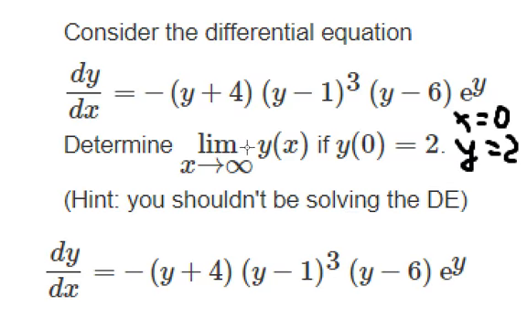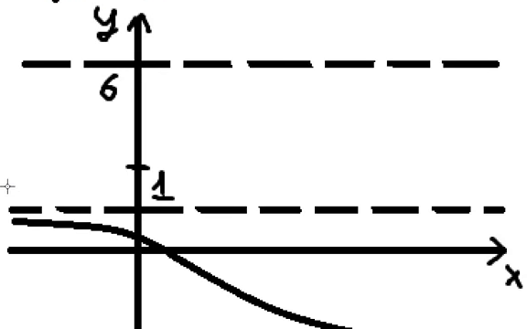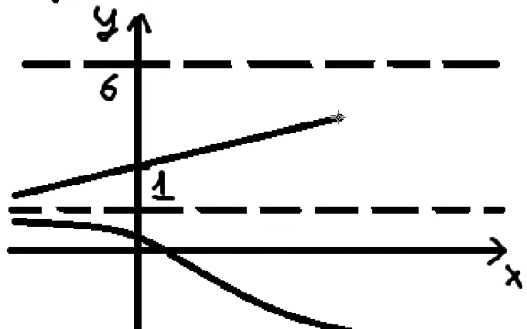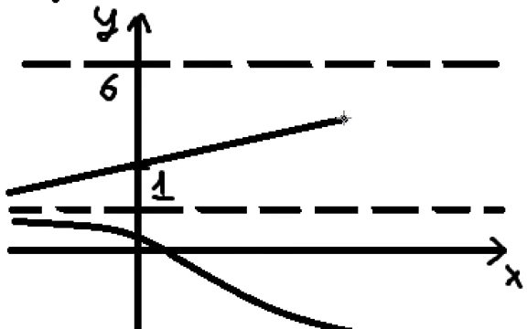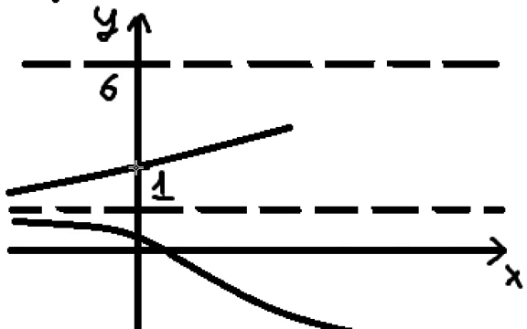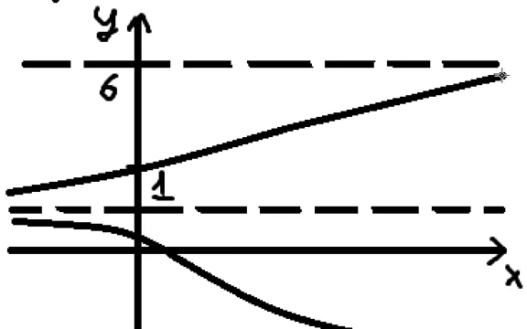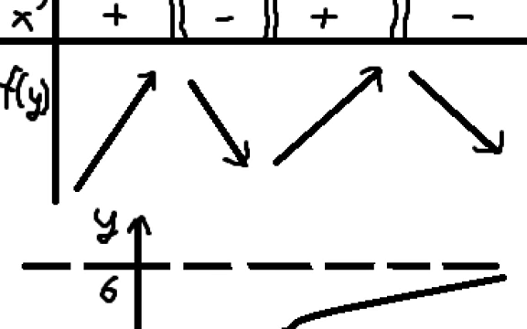We see that from 1 to 6, this is increasing, so they will go like this. And from 6 to positive infinity, they go down.